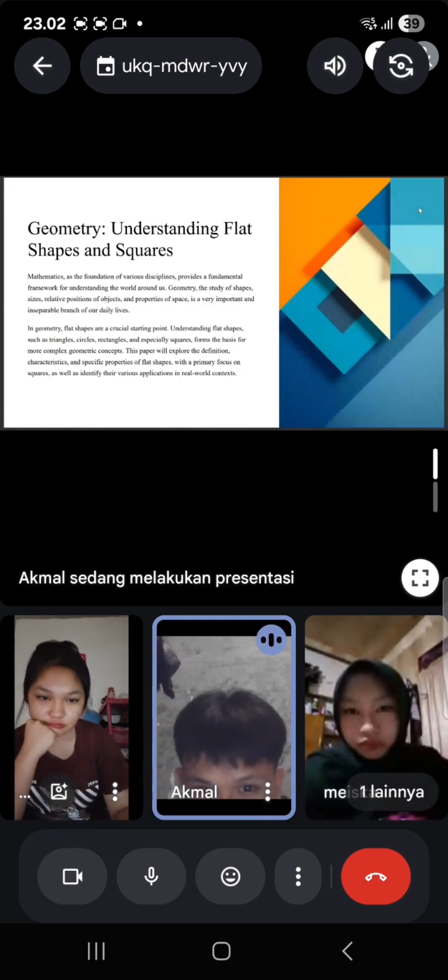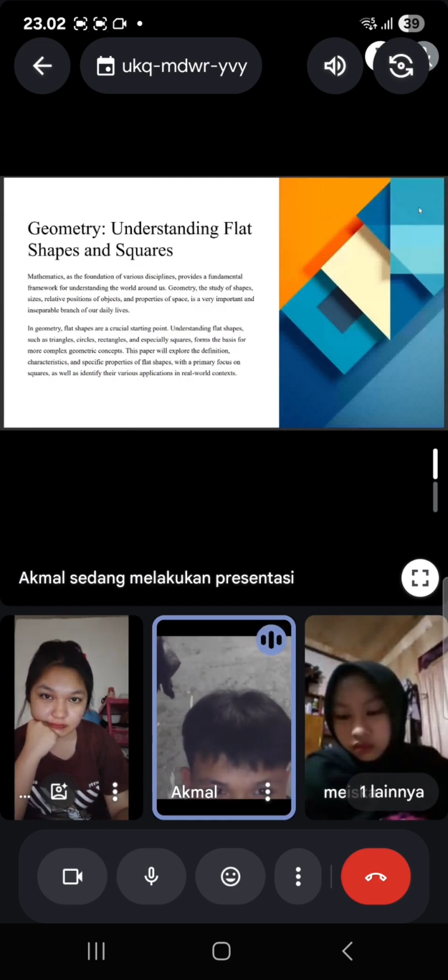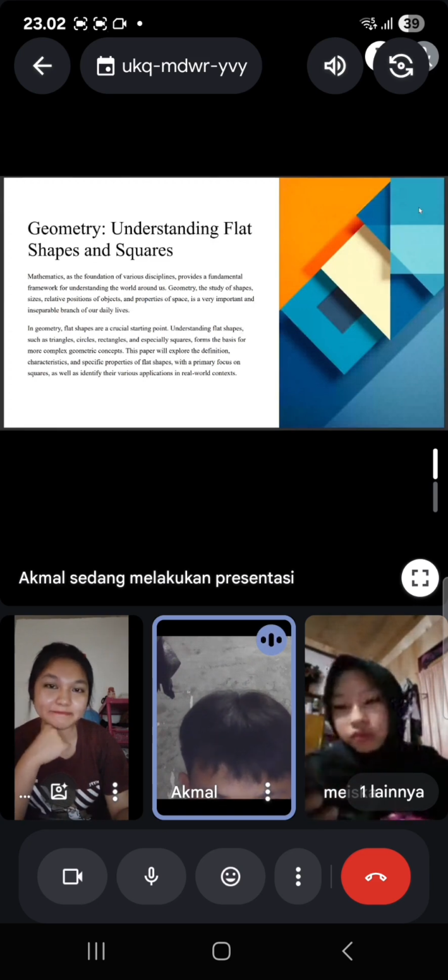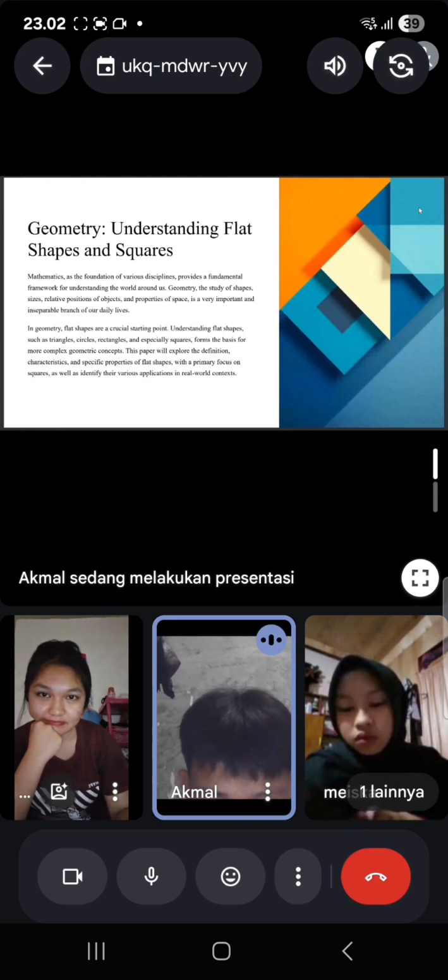This paper will explore the definition, characteristics, and specific properties of flat shapes, with a primary focus on squares, as well as identify their various applications in real world contexts.